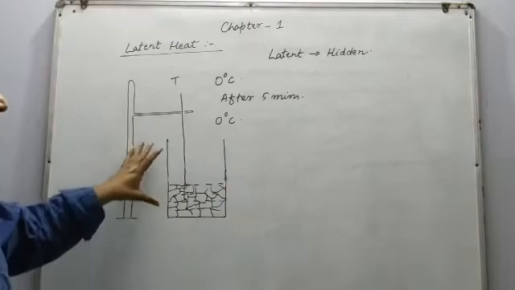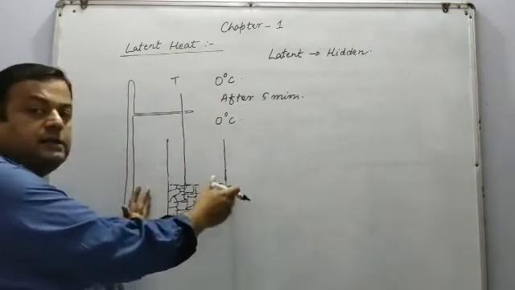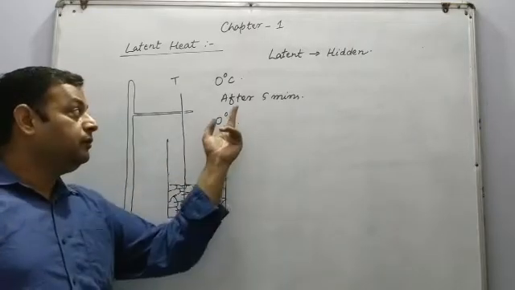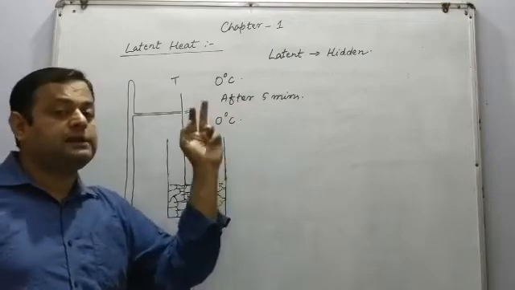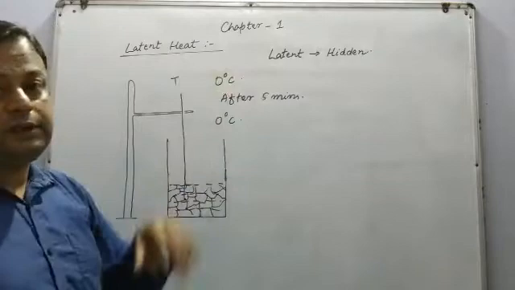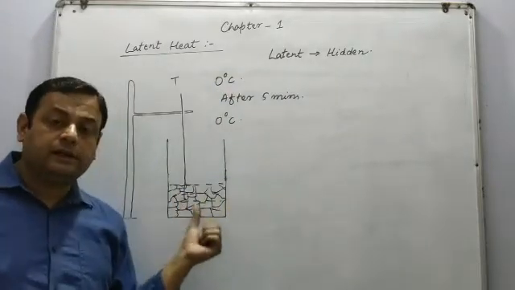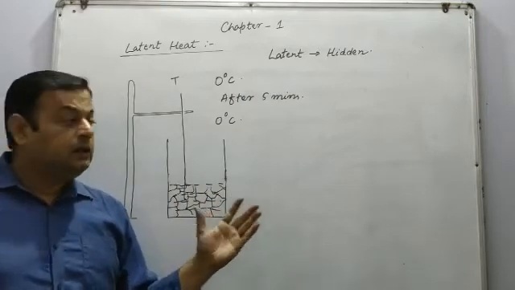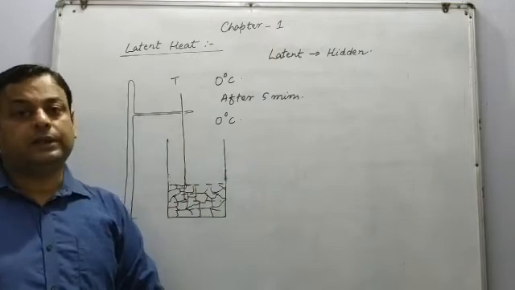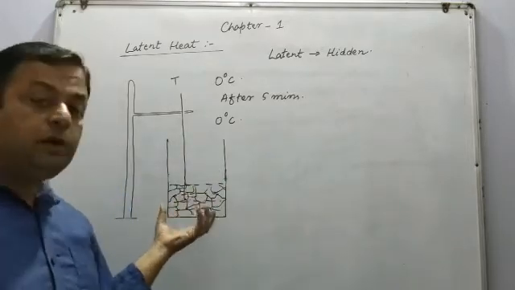Now what is the reason behind this? Since 5 minutes the apparatus is taking heat from the surroundings, then why after 5 minutes is the temperature still 0 degrees Celsius? This is the concept of latent heat. The heat which is being absorbed by the container in these 5 minutes is not utilized in increasing the temperature, but has been utilized in increasing the intermolecular spaces.